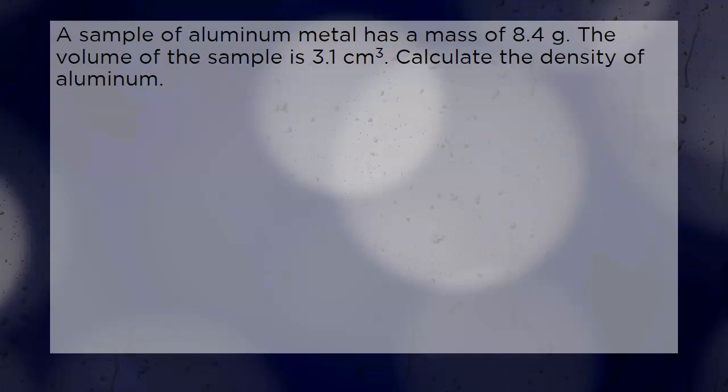So what I'm going to do, and we're going to learn more rules about this later, but notice how 3.1 and 8.4, they both have 2 digits. So a good rule of thumb for now is just round off my answer to 2 digits. So instead of writing that 2.706 whatever, I'm just going to write 2.7 grams per cubic centimeter.